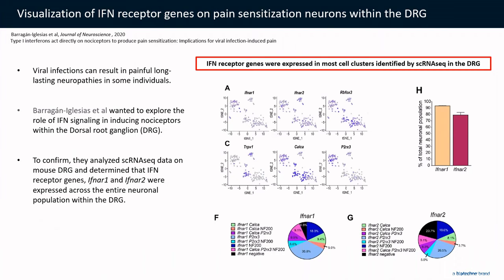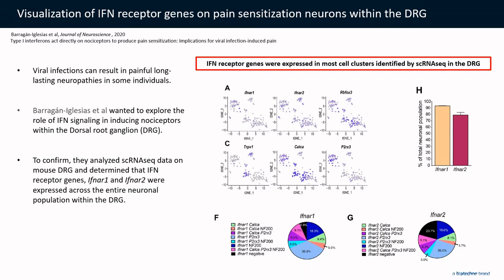Now, this paper came out of the University of Texas, where researchers from Theodore Price's lab performed a study to understand the underlying mechanism of pain associated with viral infections. They did that by exploring the role of interferon signaling in inducing nociceptors within the dorsal root ganglion, or DRG.